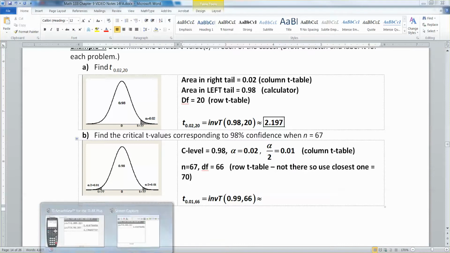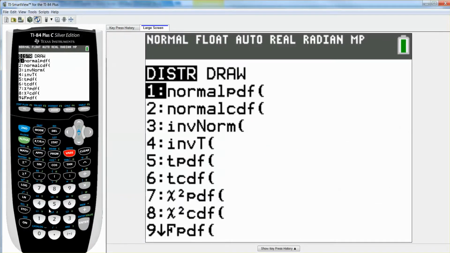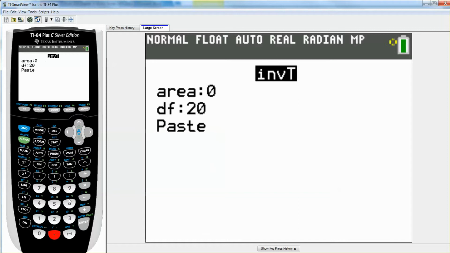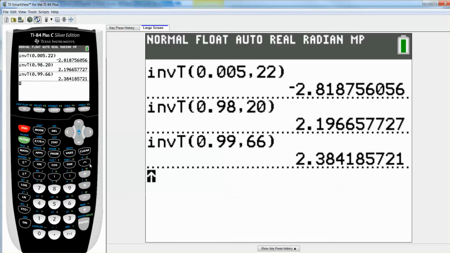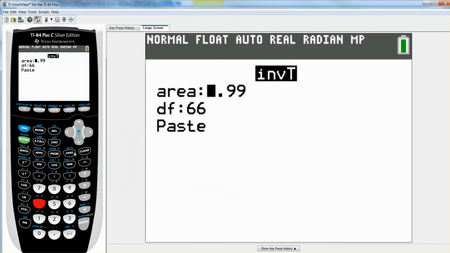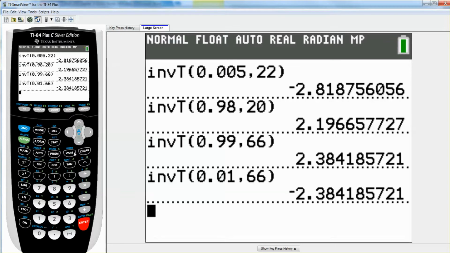So if I have the calculator, if I'm fortunate enough to have that, I'd use inverse t, number 4, 0.99, because 0.98 plus 0.01 makes 0.99, 66, enter. Or if you like, you can use 0.01. It'll just give you the negative value. You technically want the positive one, but it doesn't really matter.